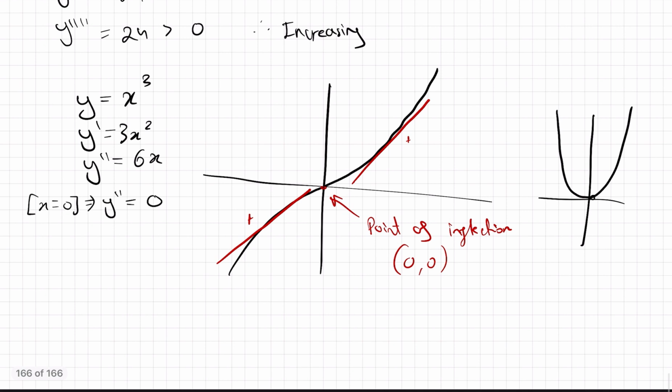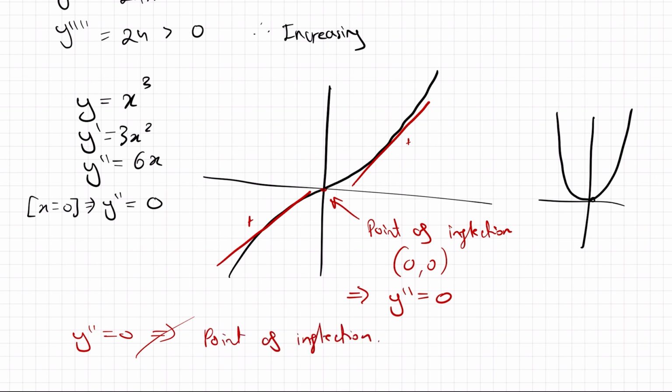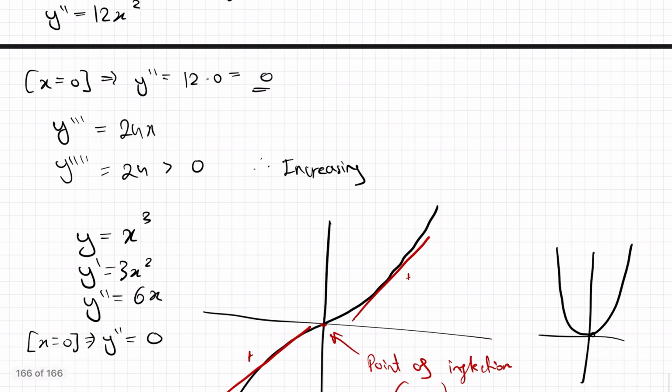So it's important to note, if it's a point of inflection, then the second derivative will be equal to 0. But if the second derivative is equal to 0, this doesn't straight away mean that it's a point of inflection. So make sure you keep that in mind when dealing with this. And it's only a one-way sort of correspondence.